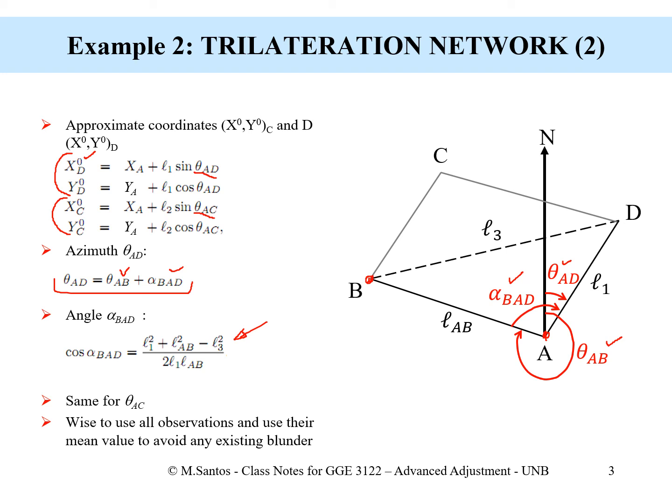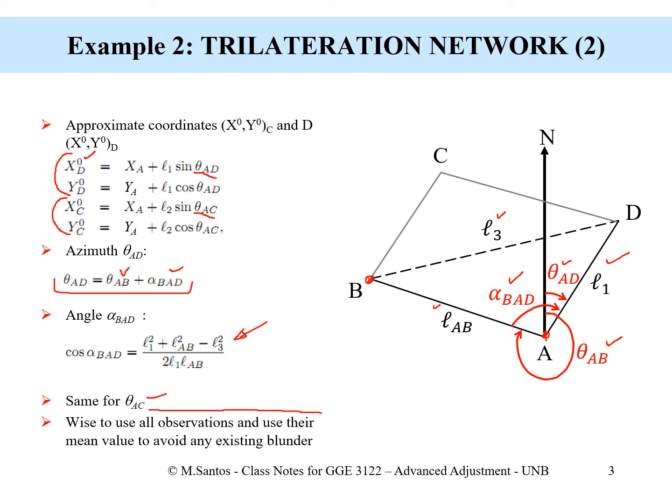For this solution, we need to know the distances, the sides of the triangle, and we are going to compute the internal angle of the triangle. And we can do the same for point C. Of course, the geometry is going to look different, and you can work that out yourselves.